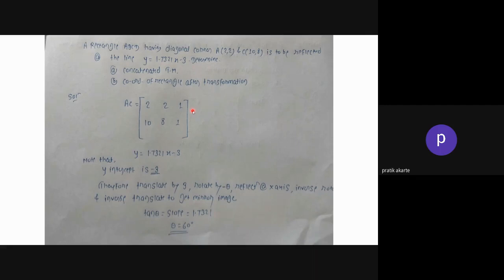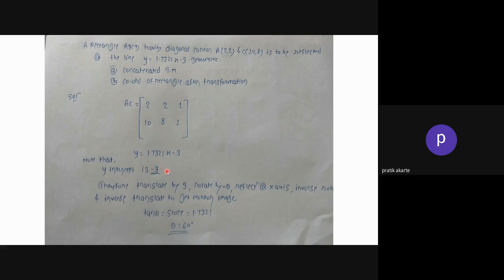Okay. So first we'll write the coordinates of the diagonal corners in matrix form. So 2, 2, 1 and 10, 8, 1. This is your matrix. The equation of the line is y = 1.7321x minus 3. Note that your y-intercept is minus 3.